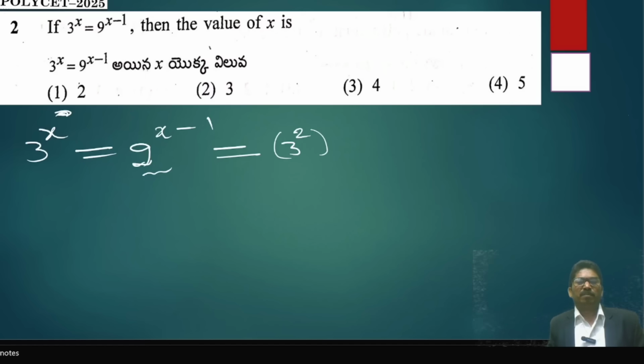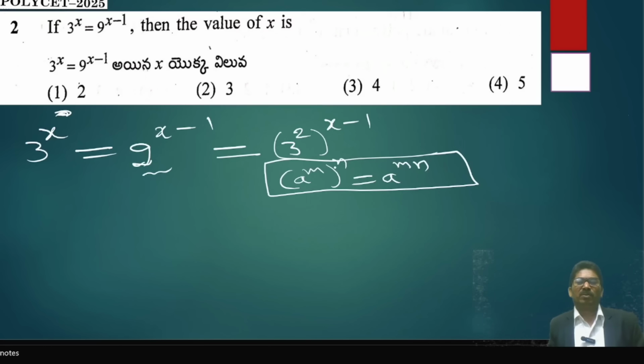3 square whole to the power of x minus 1. So this is in the form of a to the power of m whole to the power of n, and we can write it as a to the power of m n. So this is the formula.